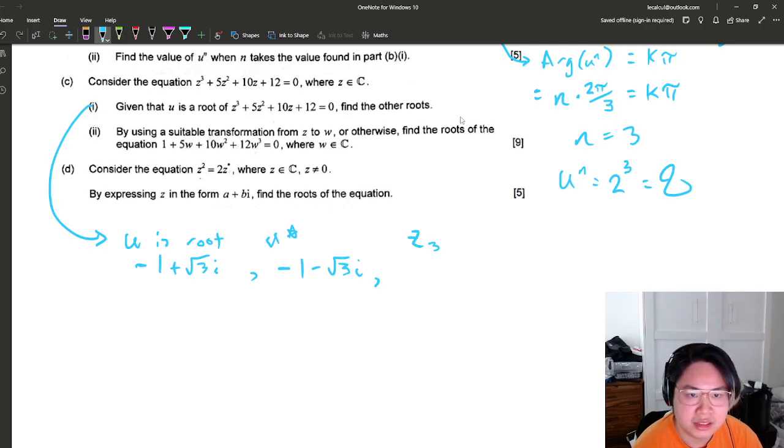And what we're going to do is use Vieta's formulas and look at the coefficient of the second term. So that's positive 5. So this is the negative sum of the roots. So negative 5 should be equal to adding these roots together.